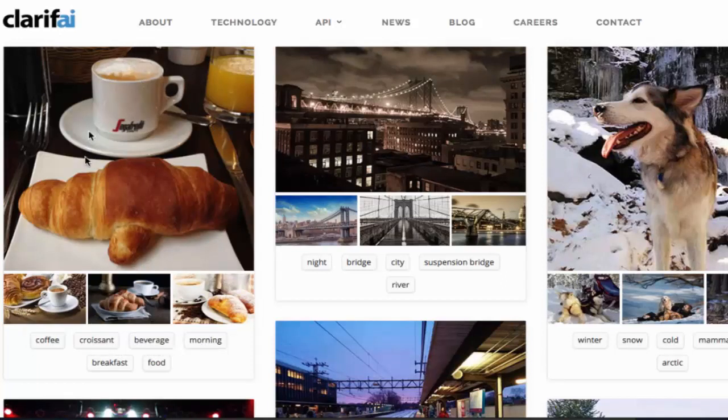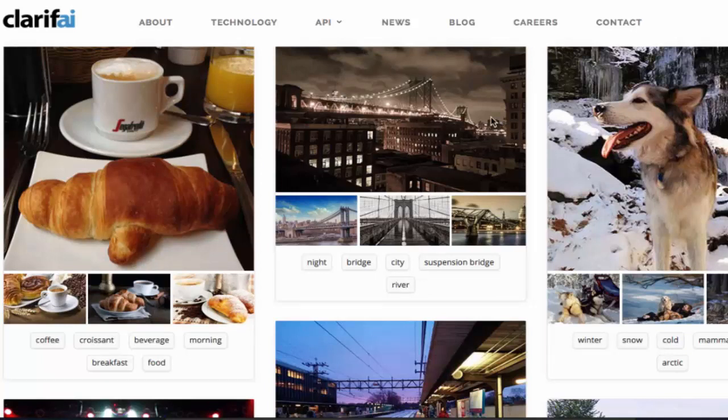Given this image, it says there is coffee in it, there are croissants in it, there is a beverage in it, and this is probably breakfast, had in the morning, and overall, this looks like food. It's able to derive all of these tags just by looking at this image. These are all similar images it has managed to retrieve. You can see that all of these are images of breakfast, or of a continental breakfast, and all of these have a cup of coffee in there. The variety it is able to cover is truly astounding.